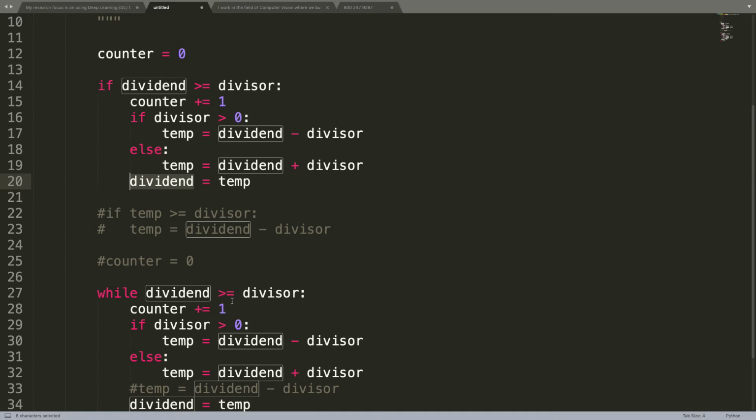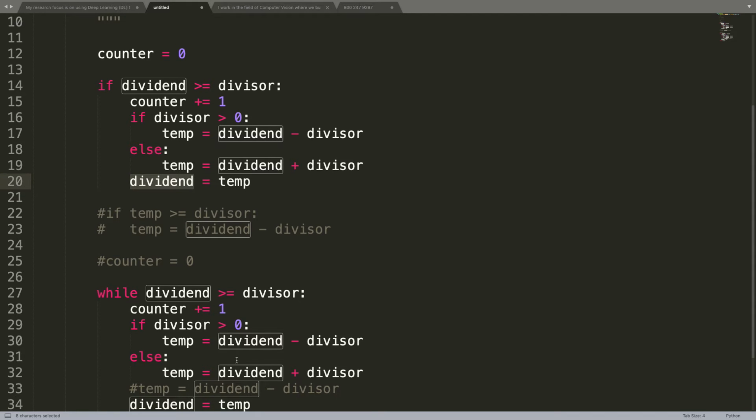Then we come here again. Dividends is 4. Is 4 greater than or equals to divisor minus 3? Yes. Our counter becomes 2. Then is divisor greater than 0?